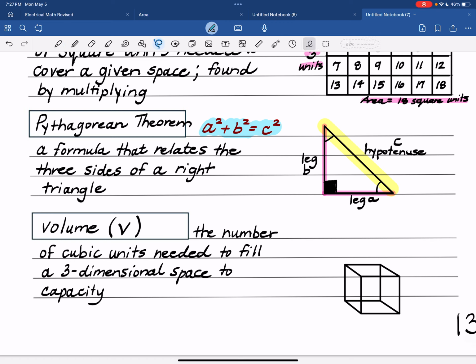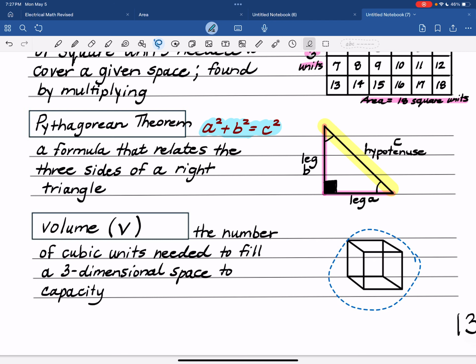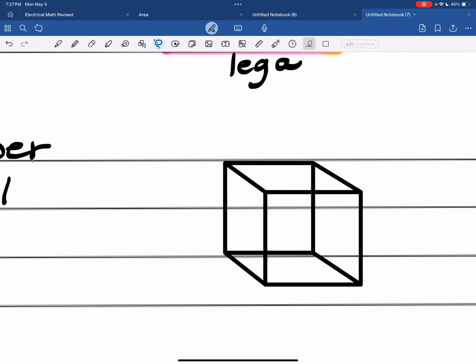So let's take a look at this cube I've drawn here. This is a three-dimensional shape. And suppose I tell you that this cube is 5 inches by 5 inches by 5 inches.